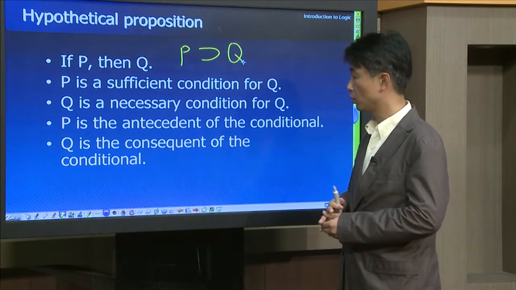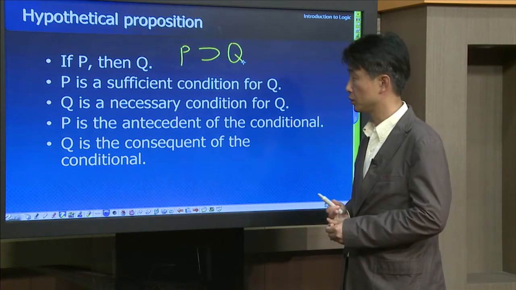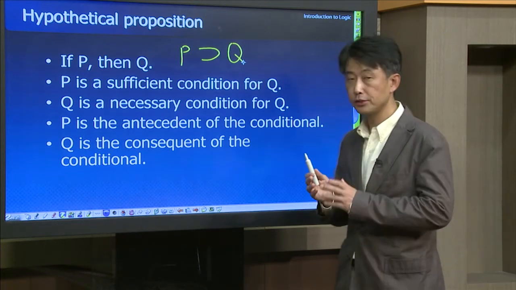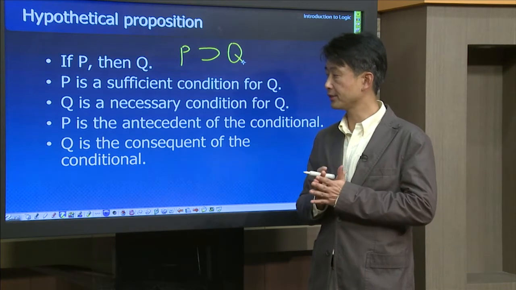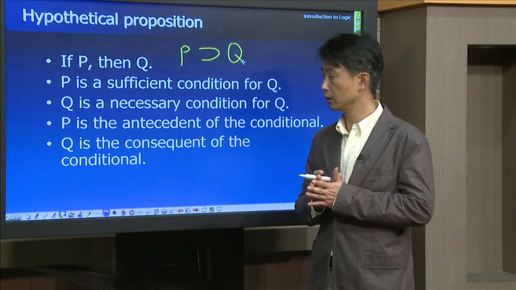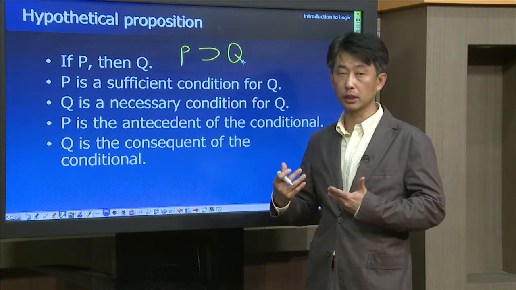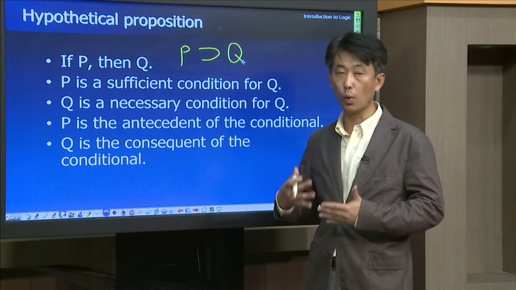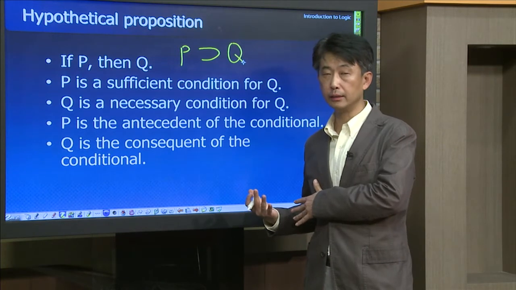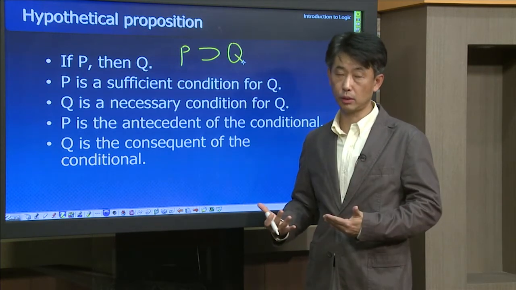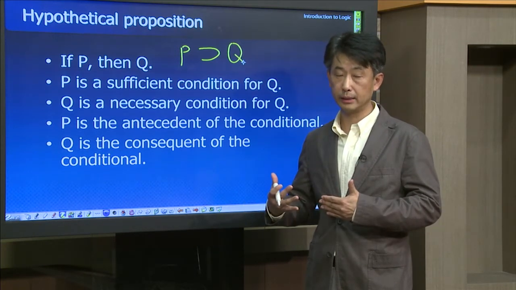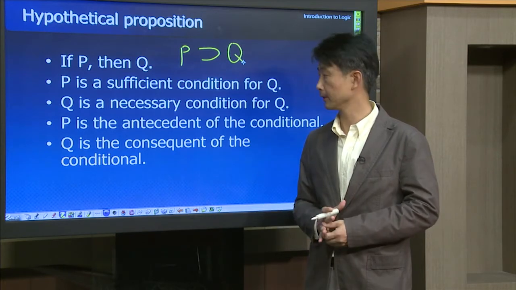The right-hand side is called the consequent of the conditional. So you can say that the left-hand side of a conditional, that is the antecedent, specifies the sufficient condition, while the right-hand side, that is the consequent of the conditional, specifies the necessary condition.